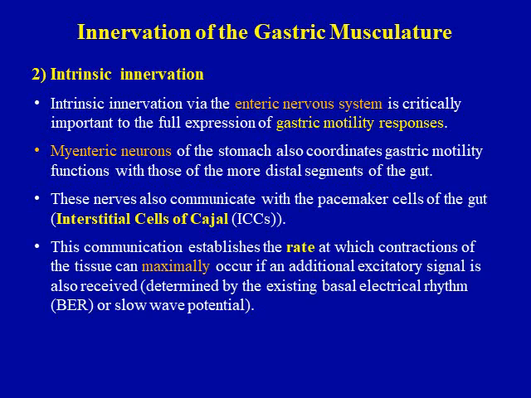This communication between the myenteric neurons, interstitial cells of Cajal, and the contractile smooth muscles of the stomach establishes the rate at which contractions of the tissue can maximally occur if an additional excitatory signal is also received. And this is determined by the existing basal electrical rhythm, or the slow wave potentials, that I will explain in the coming slides.